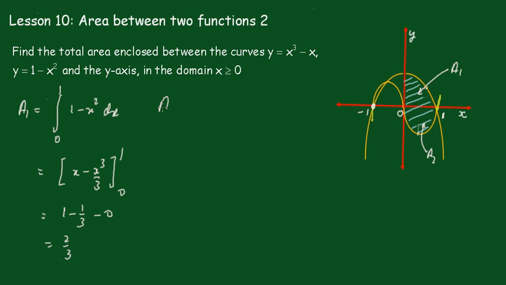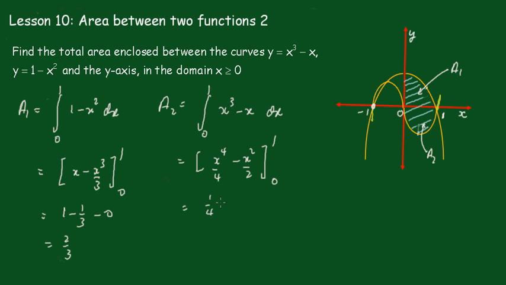Now the second area, between 1 and 0 for the cubic, it's x cubed minus x dx. That will give me x to the 4th on 4 minus x squared over 2 between 1 and 0.